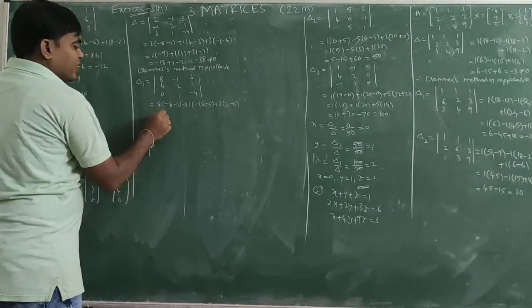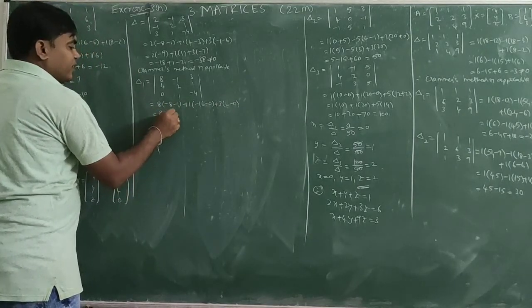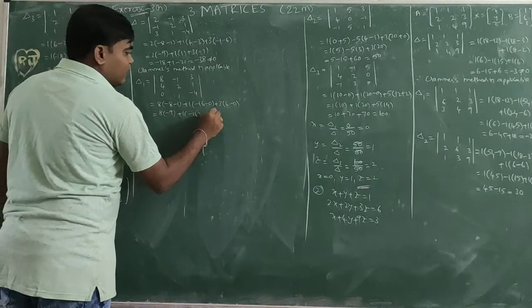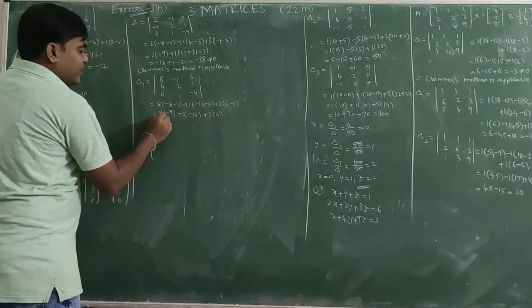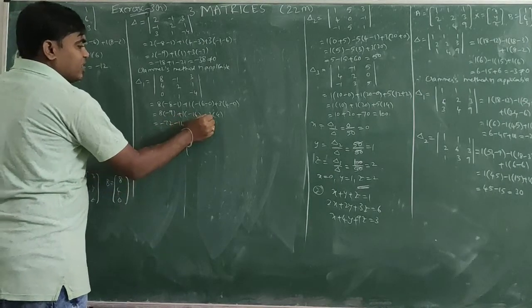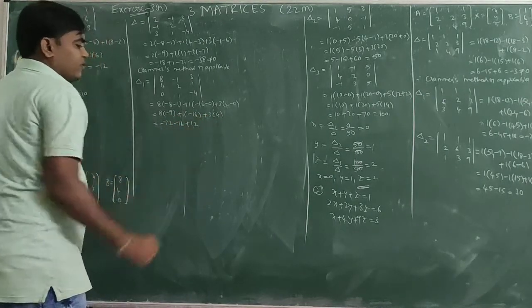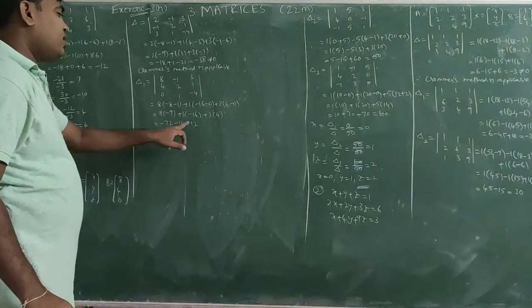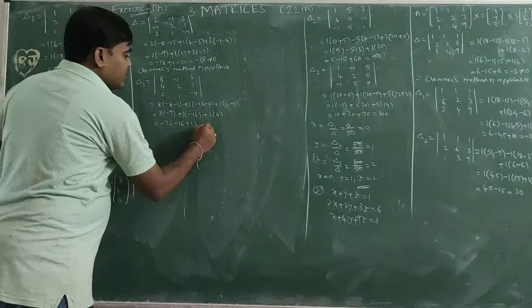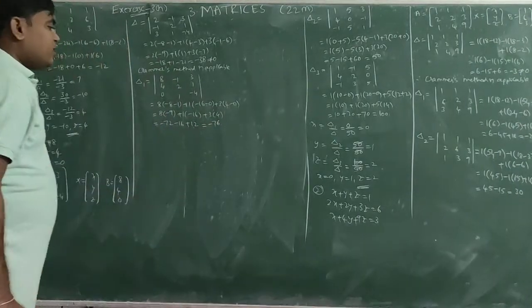So 8 of minus 8 minus 1, minus 9, plus 1 of minus 16, plus 3 of 4. So 8 into minus 9, minus 72, 1 into minus 16, minus 16, 3 into 4, 12. So minus 16 plus 12, minus 4, minus 72, minus 76. So this is delta 1.